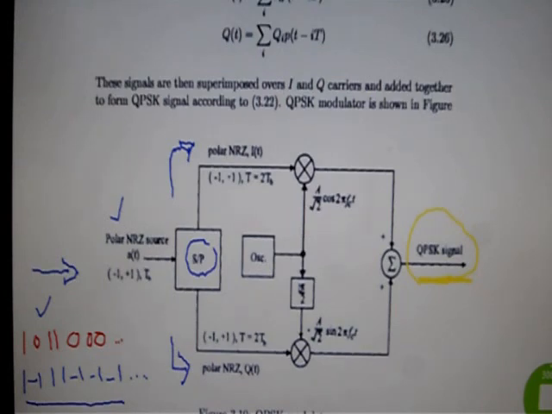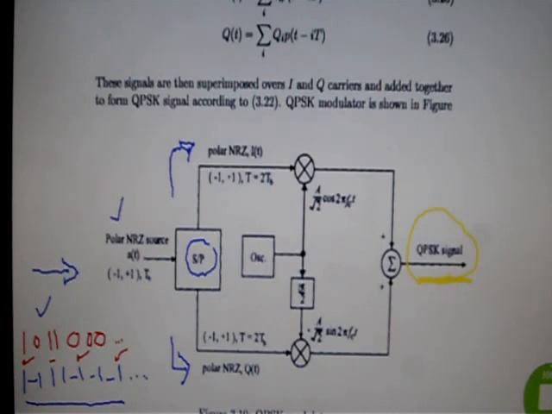The odd bits in your sequence are the first one, then the third one: 1, again 1, then minus 1, and then minus 1. This is the first, third, fifth, and seventh bit, and so on.